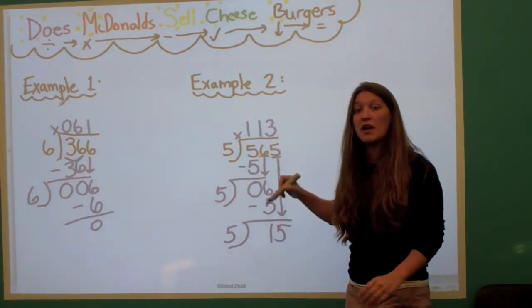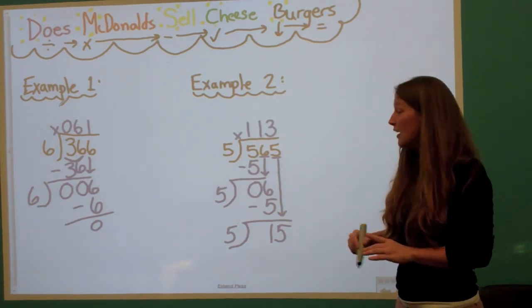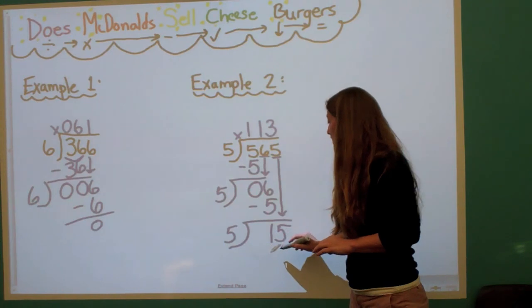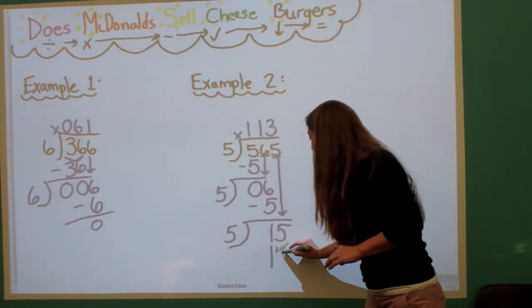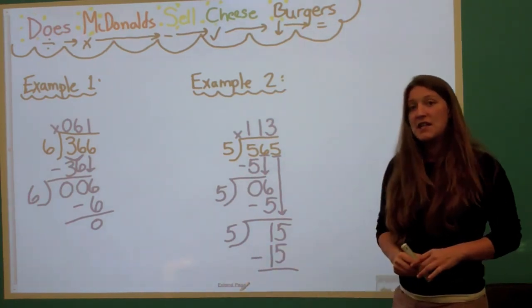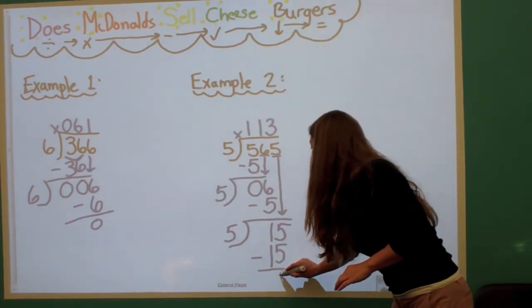The next part is multiply. So I multiply 3 times 5, and 3 times 5 is equal to 15. Then I subtract 15 minus 15, and that is 0.